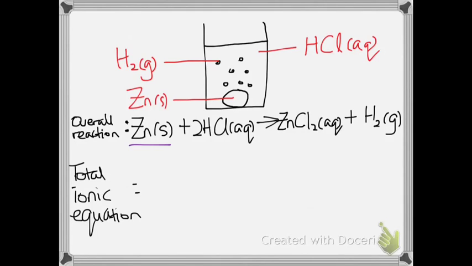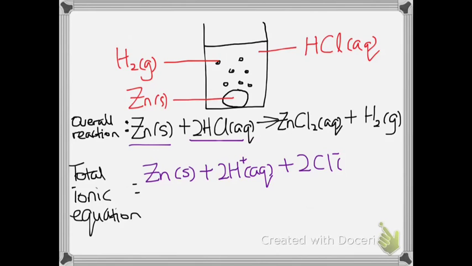Zinc is a solid, so therefore it will remain as a solid in the ionic equation. Hydrochloric acid is an aqueous compound. Therefore, we will split it up into its ions. Alright, so we have 2H+ (aq) and 2Cl- (aq).